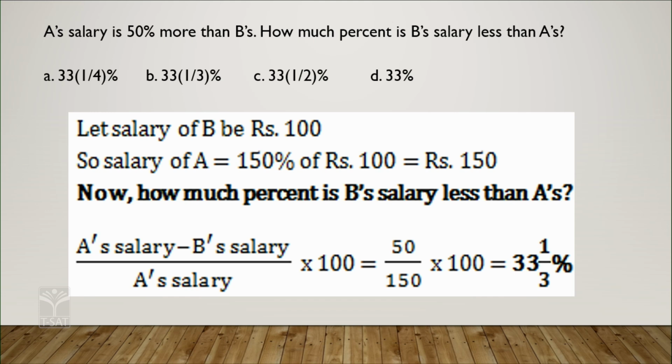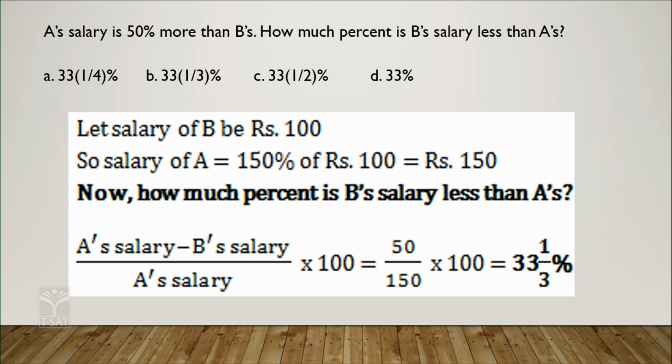For this I am giving a simple idea to all the aspirants here. If you go with X and calculate it, that's a little bit lengthy method. Simply, especially in percentages, if something is unknown, then say its value is 100. Here we don't know the salary of B, because A's salary is 50% more than B's salary.